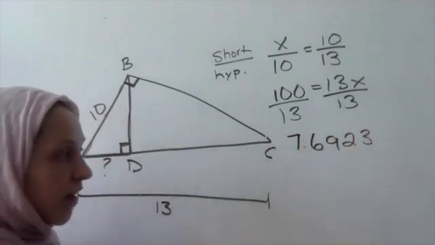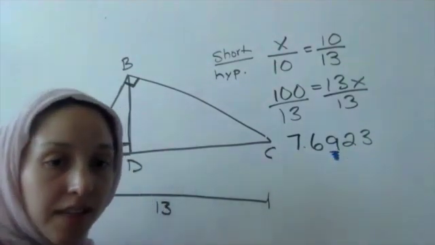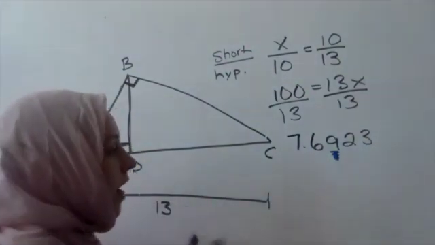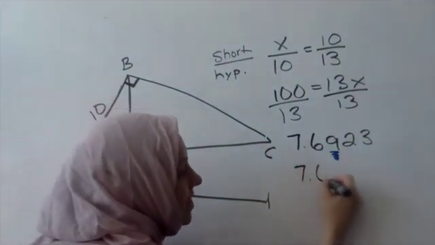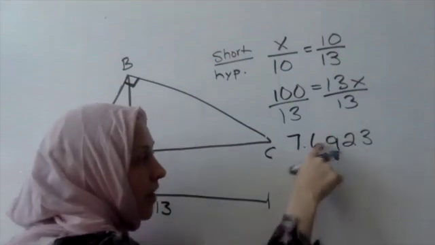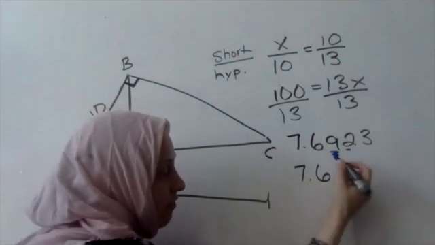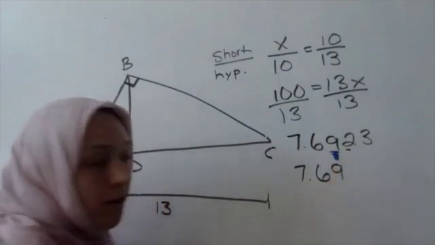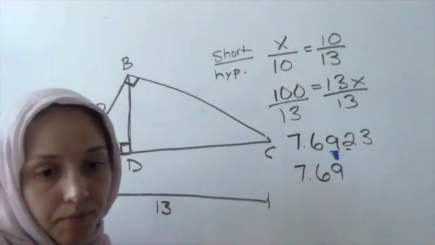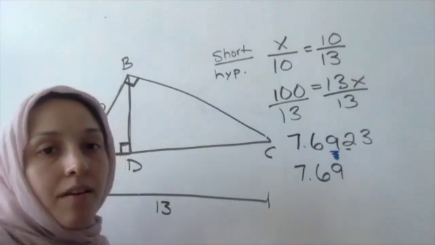The hundredths spot is this one right here, so hundredths means 2 decimal places. So I'm going to put 7.69. It stays at 69 because the next digit is 4 or less. So 7.69 is what you should have written. Yes. All right, sounds good.